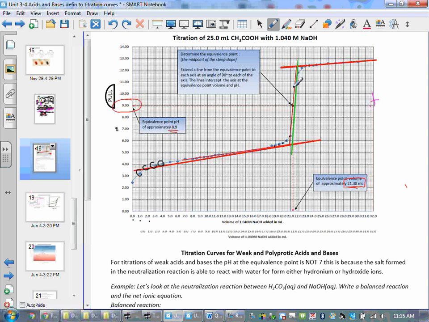They plotted it, and then we used that plot to determine our equivalence point. Does that make sense, Sarah? So the equivalence point is where we've reacted all of our moles of acetic acid. It tells us our equivalence volume and gives us our equivalence pH. So right now we're using this number. So far so good?